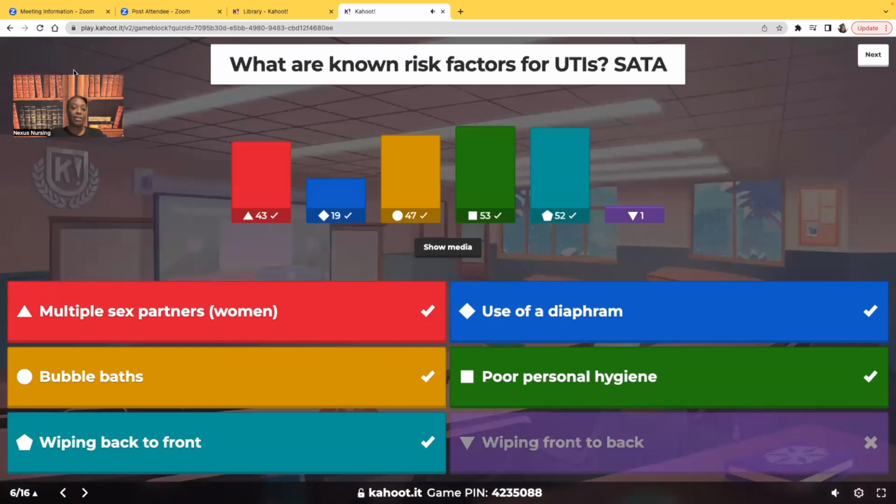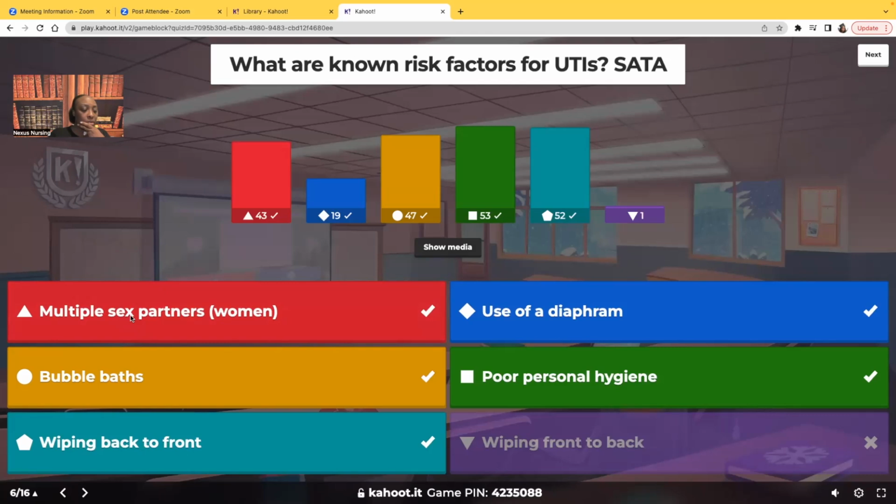Okay, so let's talk about this. Risk factors for UTIs. Having multiple sex partners, and there are a couple things that go into this. Again, anything that is a foreign body being inserted into your body is going to increase the risk for infection. That's one.